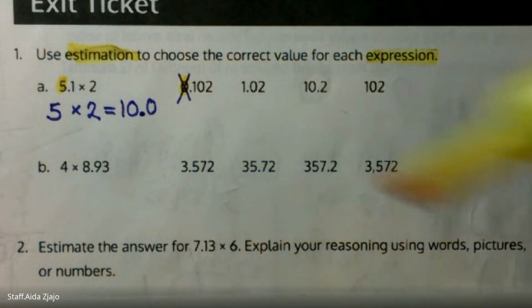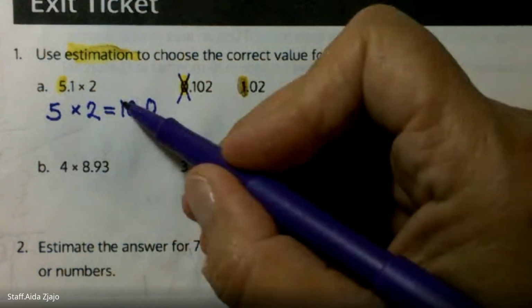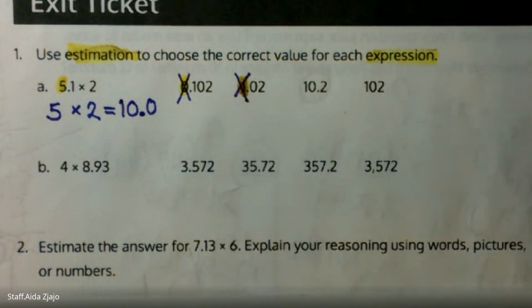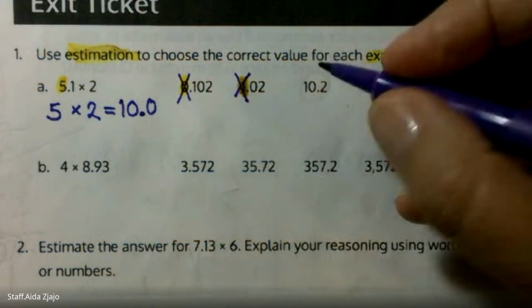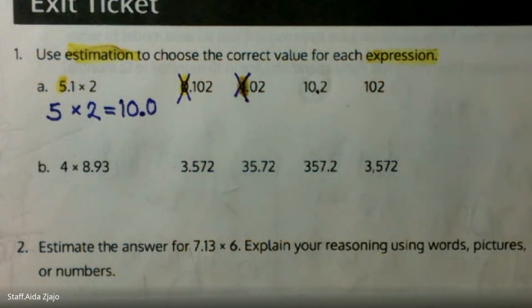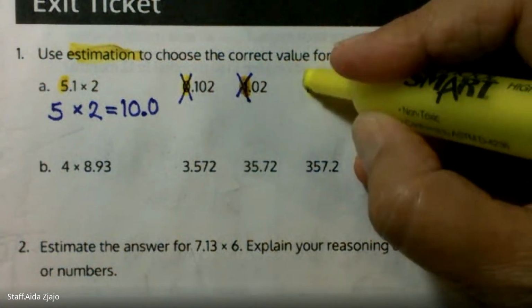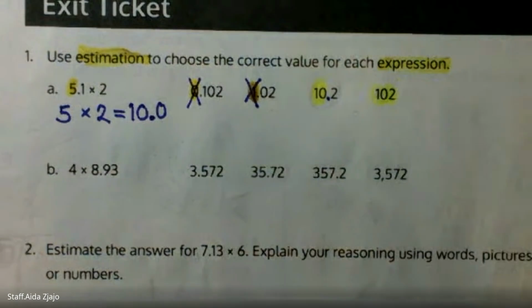Okay, this one has only 1 whole as the answer. So I need 10 wholes. So that one also doesn't make sense. Okay, so now I have a choice between this or that. So now I look at the decimal here. My whole in this one is 10. And then here is 102 whole dollars.